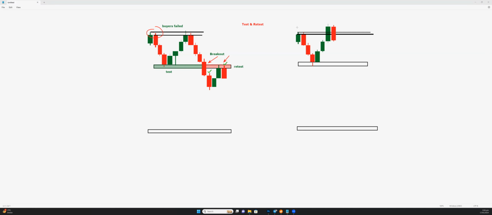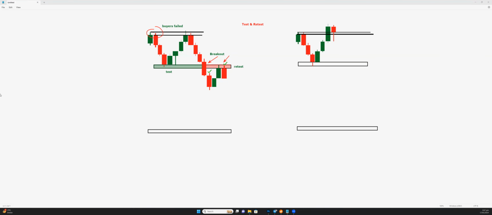So now just understand the yesterday lesson. If there are 3 green candles and 1 red candle, what will be the next candle? Green candle. The green candle will come in case the sellers close above the level.